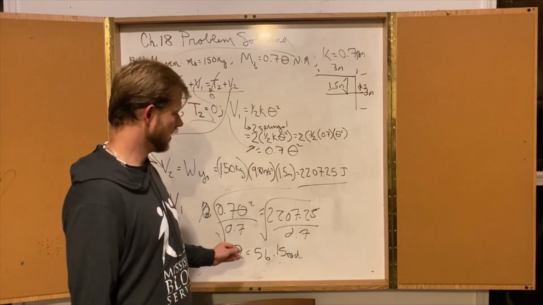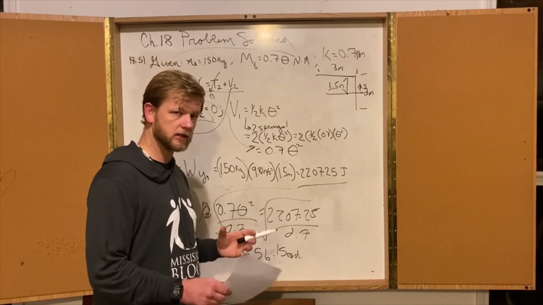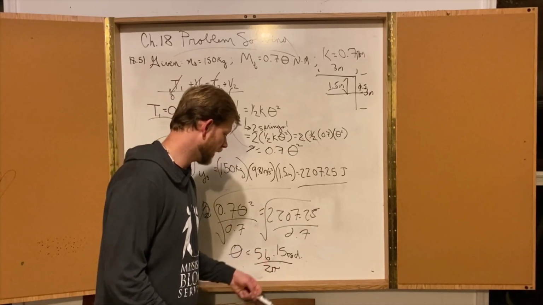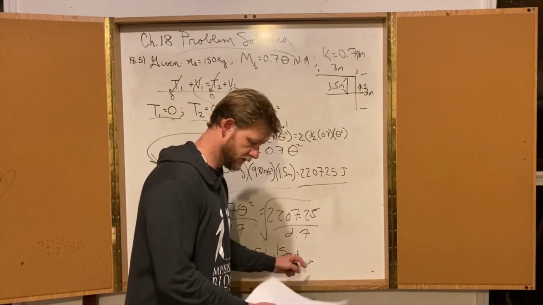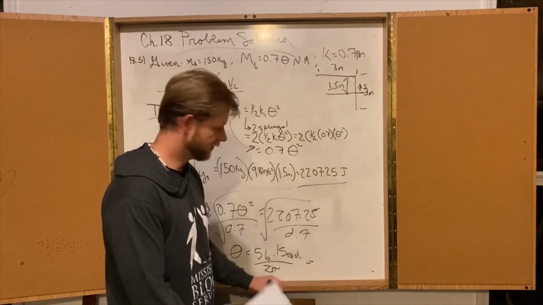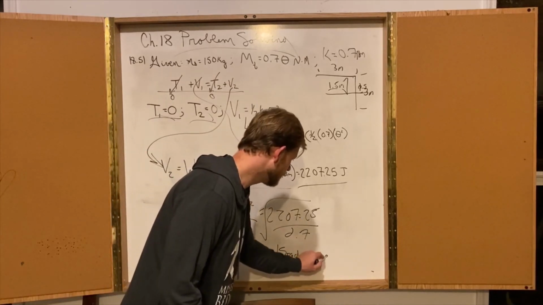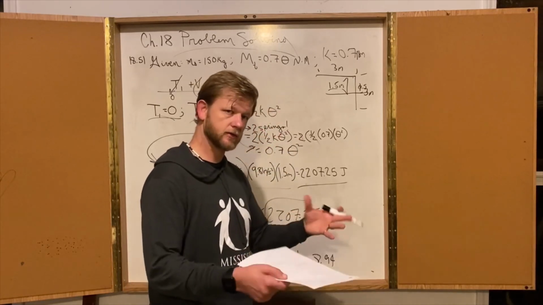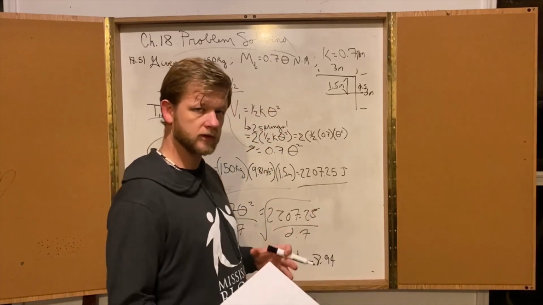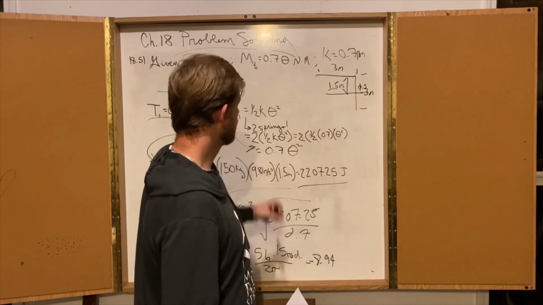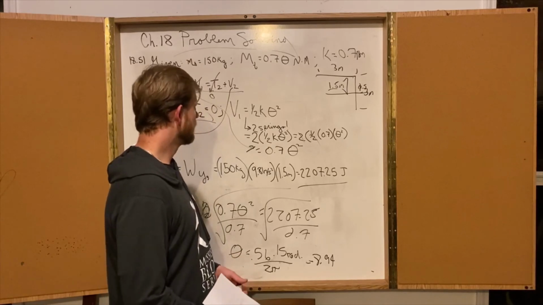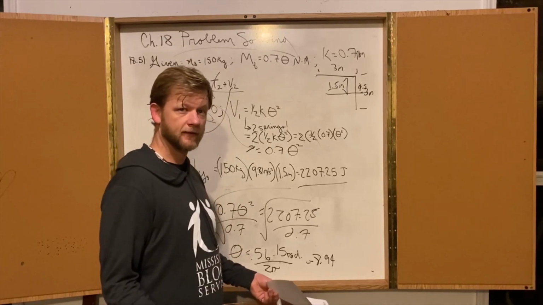So if you want to know how tight you would need to wind these springs, you would divide this by 2 pi, which will give you, I don't even need a calculator, I've already done it, 8.94 rotation turns. It needs to be turned 8.94 times in order to achieve what we're looking for here. Thanks for watching.